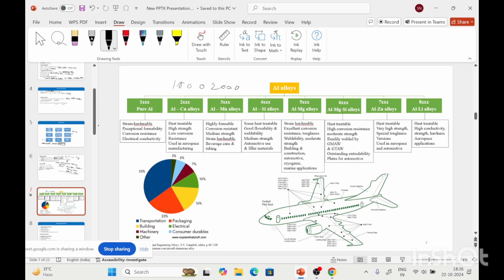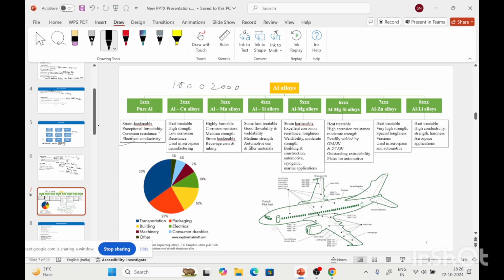The properties of pure aluminium: it is strain hardenable, and it has exceptional formability, meaning it is easy to process and form complex shapes. It has high corrosion resistance and high electrical conductivity.